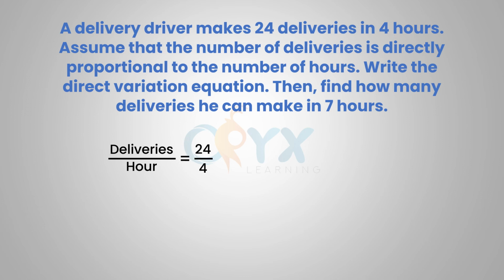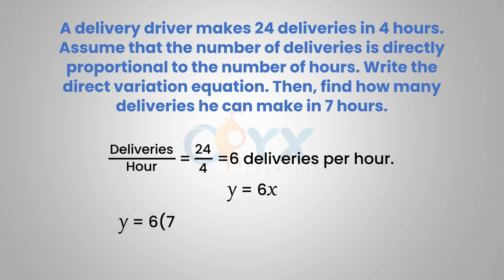That makes our constant of variation 6 deliveries per hour. Substituting that into our equation, y equals mx, we get y equals 6x. To find how many deliveries he can make in 7 hours, I will substitute in a 7 for the x value, which leaves me with y equals 6 times 7, or 42 deliveries in the 7 hours.